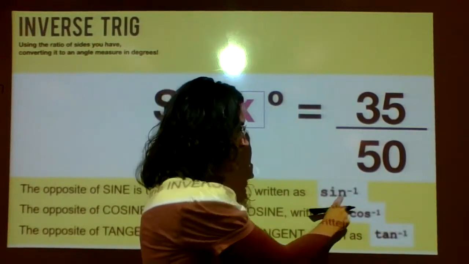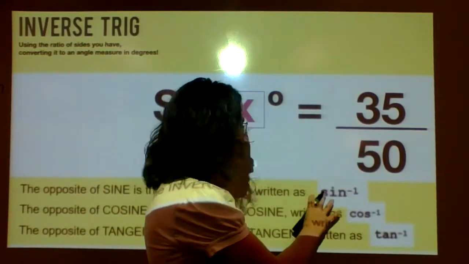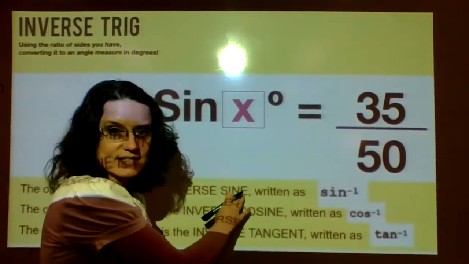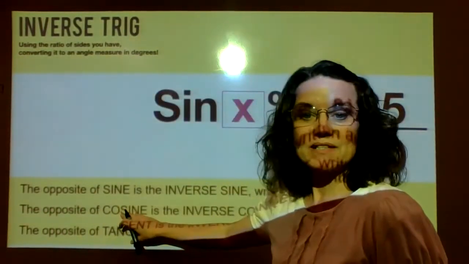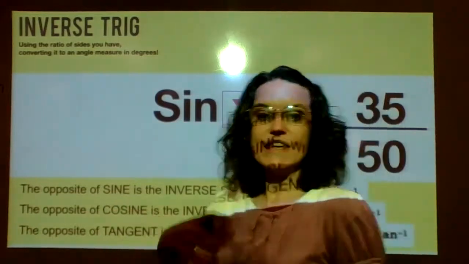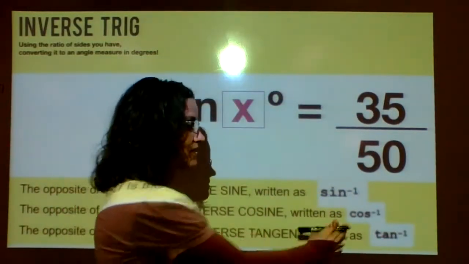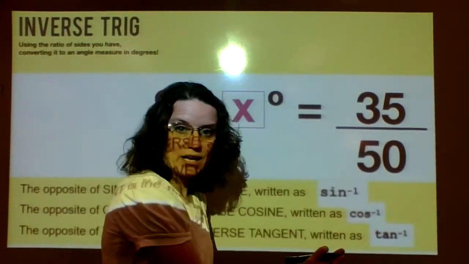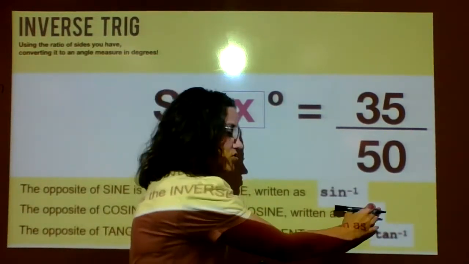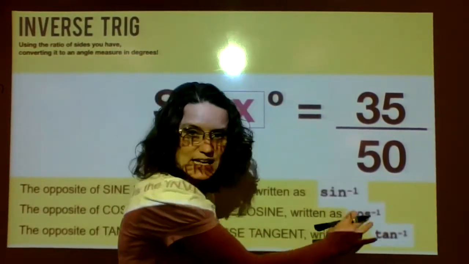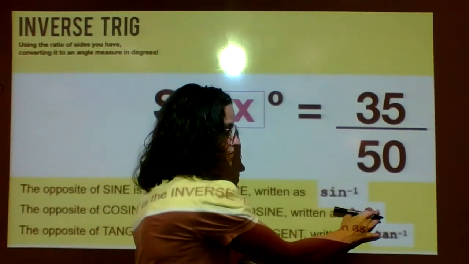So if you see sine with a negative 1, that just means inverse sine, the opposite of a sine. The opposite of cosine is the inverse cosine, written cos negative 1, but we say it as inverse cosine. It looks like an exponent, but we read it as inverse cosine.